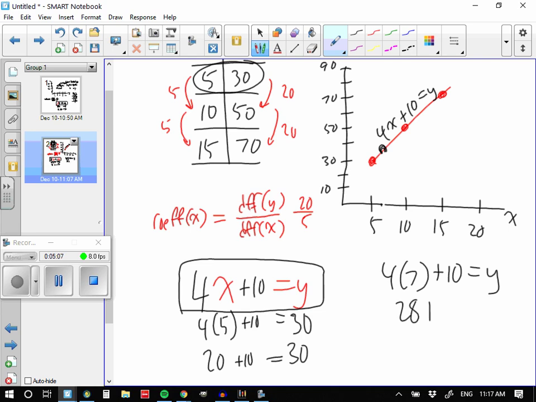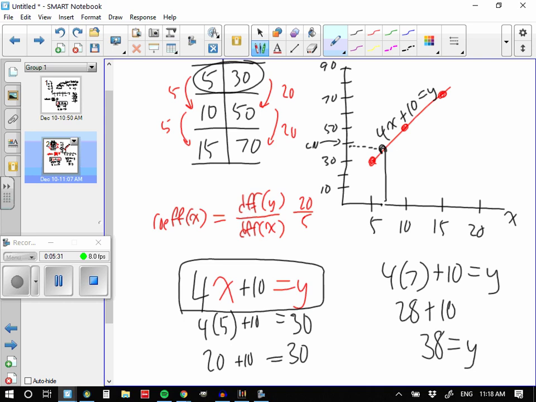That'll be 28 plus 10. My y value should be 38. And if I go over here, does that look like 38 to you? Yes, because this line here is 40, and that point on the y-axis is just below 40, which seems reasonable.